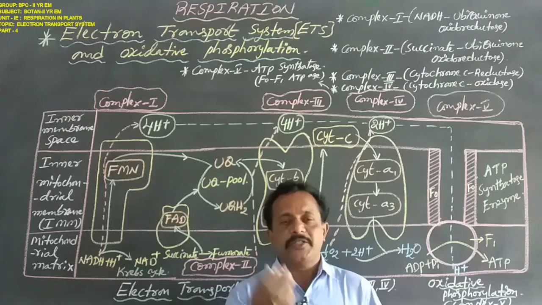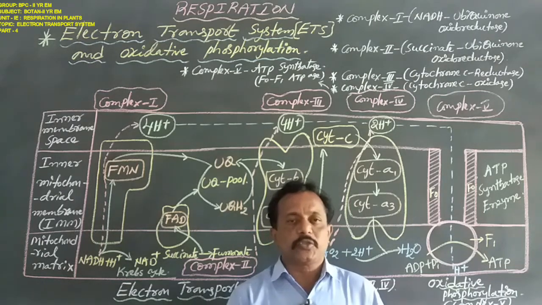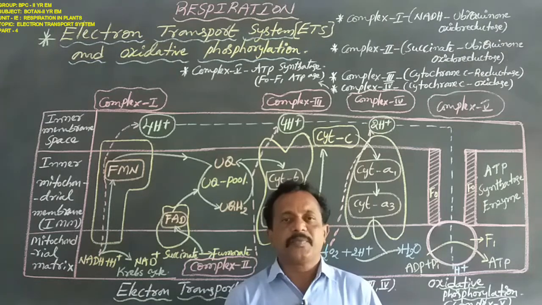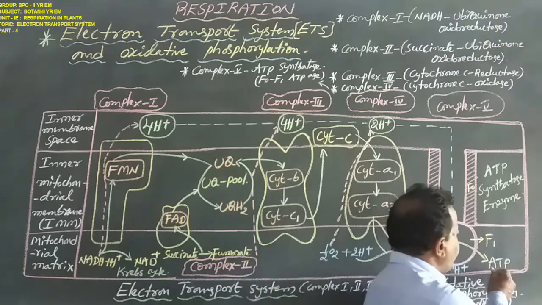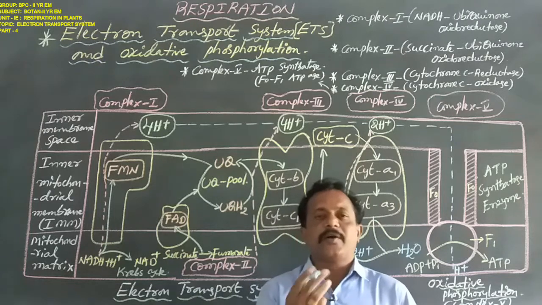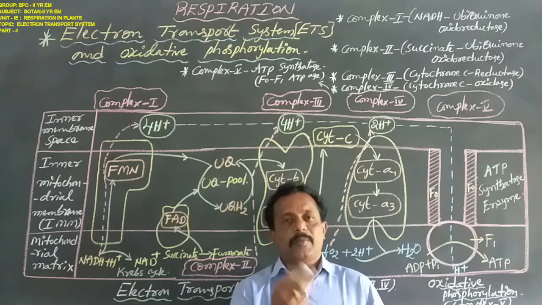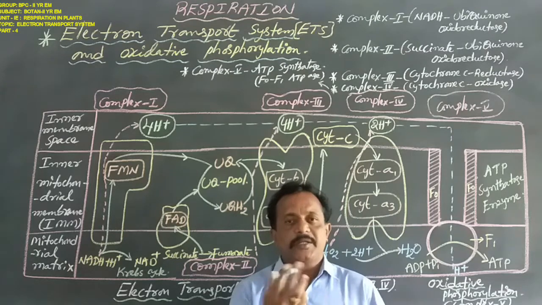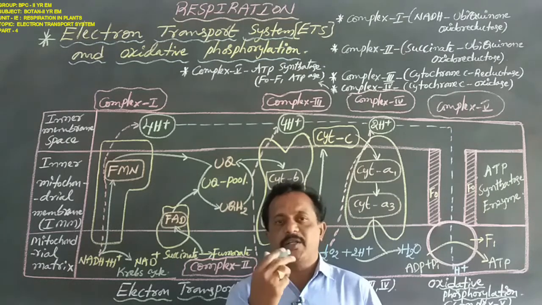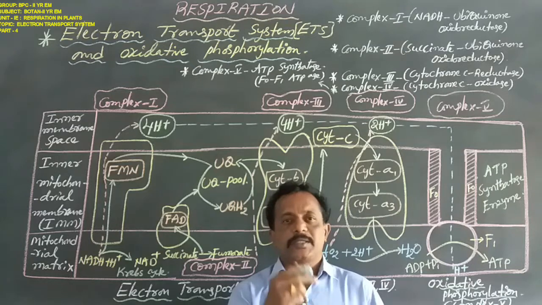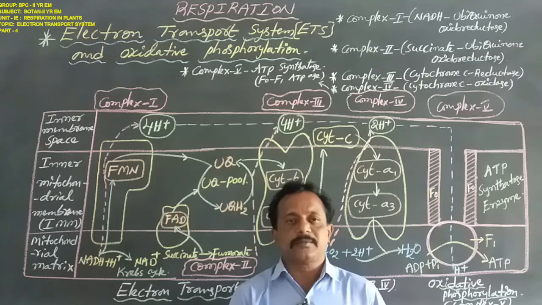This high energy of NADH2 and FADH2 is used to form ATP with the help of electrons. NADH2 and FADH2 release some amount of electrons.